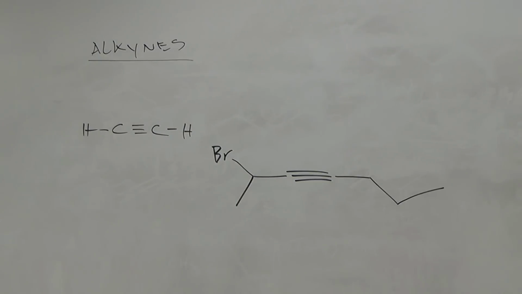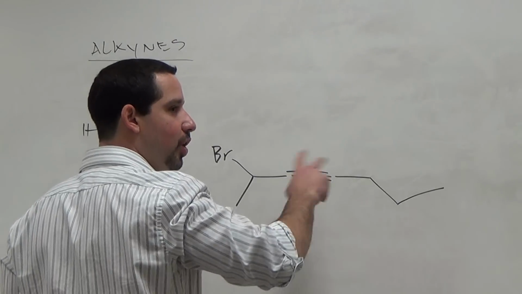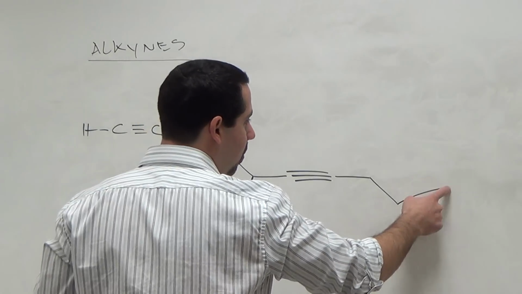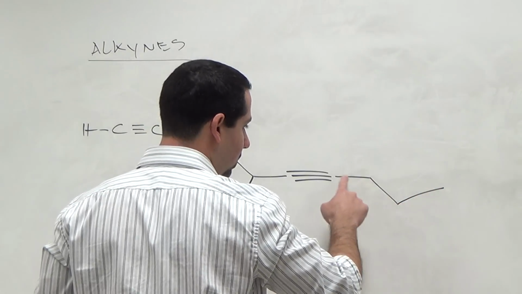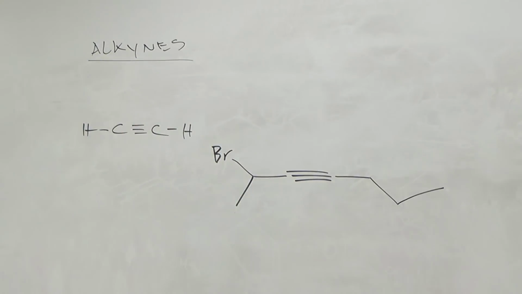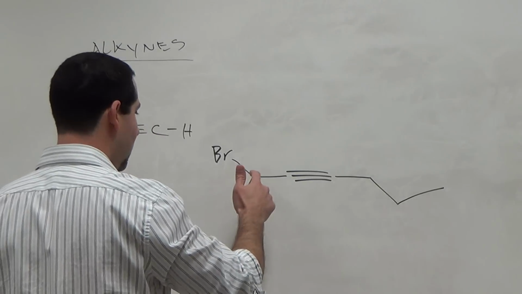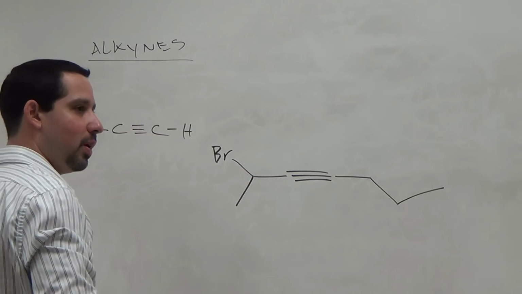It doesn't matter. First we find the longest chain, yes? I can do hept-3-yne, or I can do 3-heptyne. That's 7 carbons long. Where do we start? We start from the left side, because the first substituent gets the lowest number.